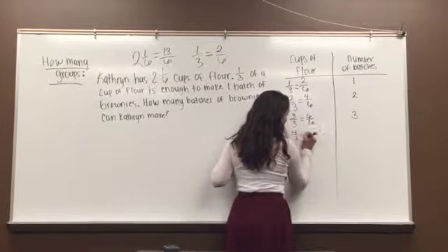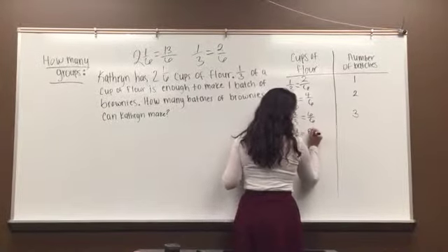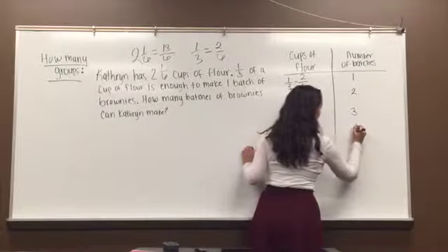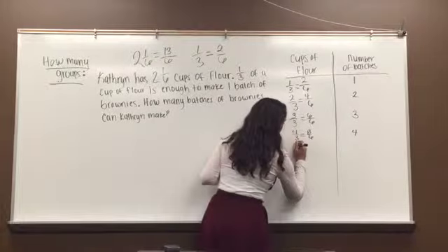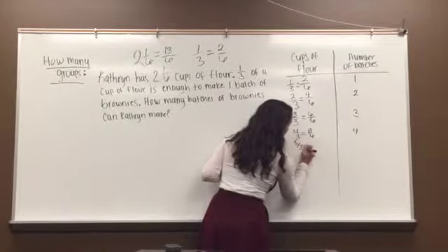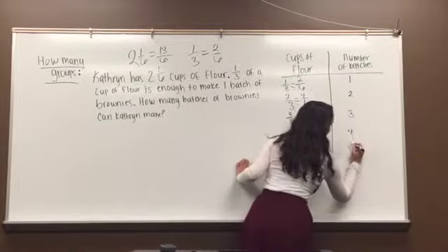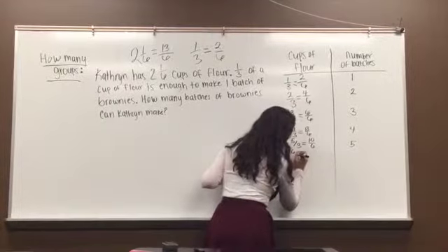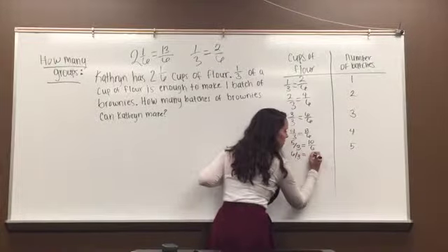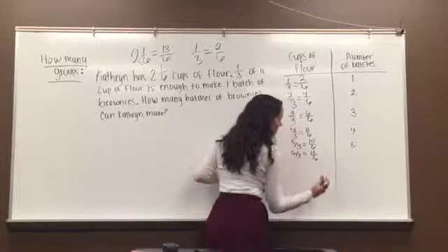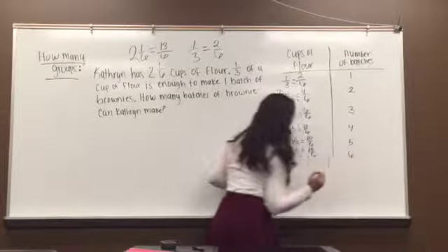4/3, which is equal to 8/6, is 4 batches. 5/3, which is equal to 10/6, is 5 batches. 6/3, which is equal to 12/6, is equal to 6 batches.